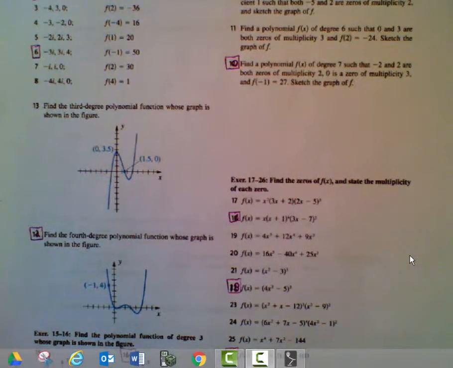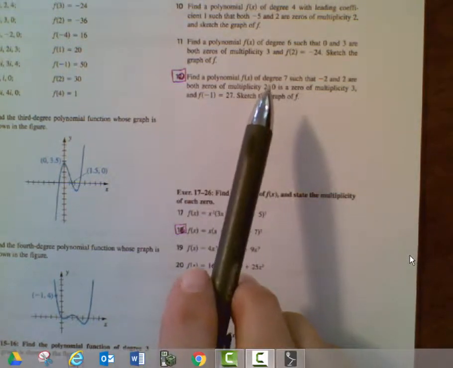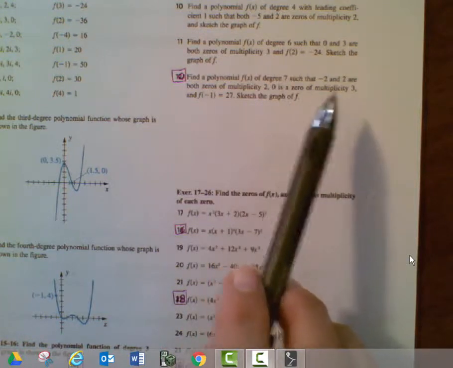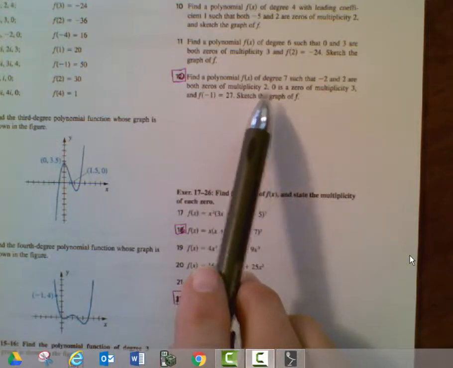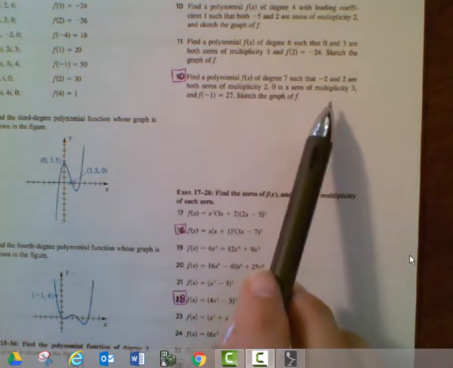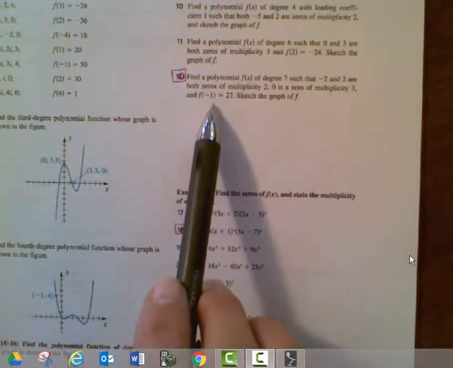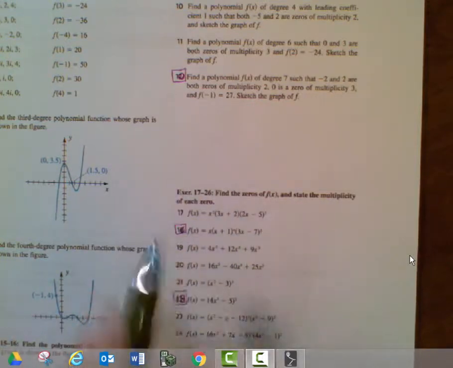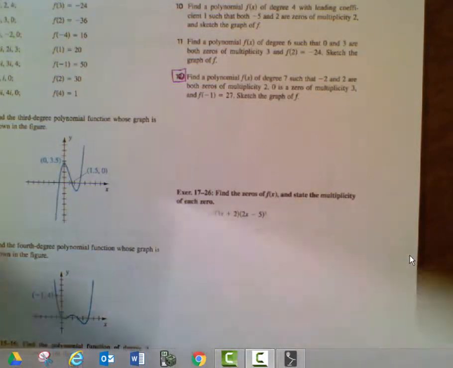In number 10, we're asked to find a seventh-degree polynomial such that -2 and 2 are both zeros of multiplicity 2, and 0 is a zero of multiplicity 3. And then we have the condition f of -1 is 27. This is where we would go back to our note on multiplicity and understanding what multiplicity means.